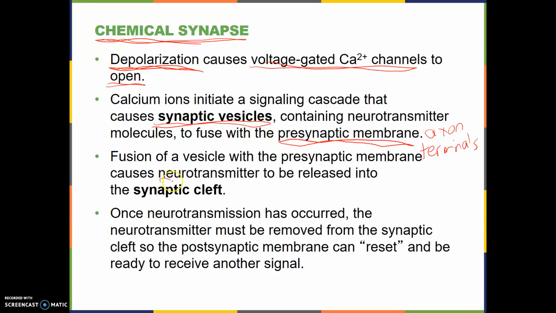So neurotransmitters such as acetylcholine or serotonin or norepinephrine are released into the synaptic cleft, and then that neurotransmitter will attach to a receptor on the postsynaptic membrane, and it will cause the postsynaptic membrane to respond.